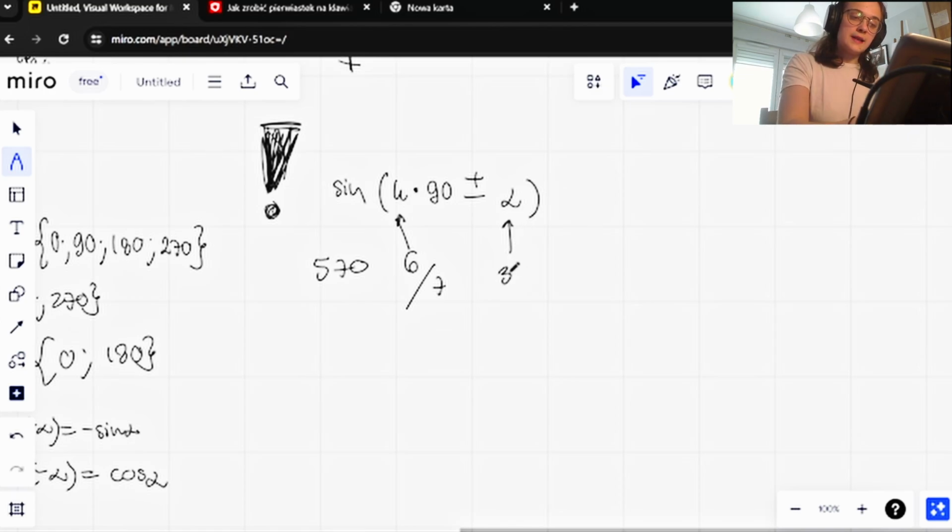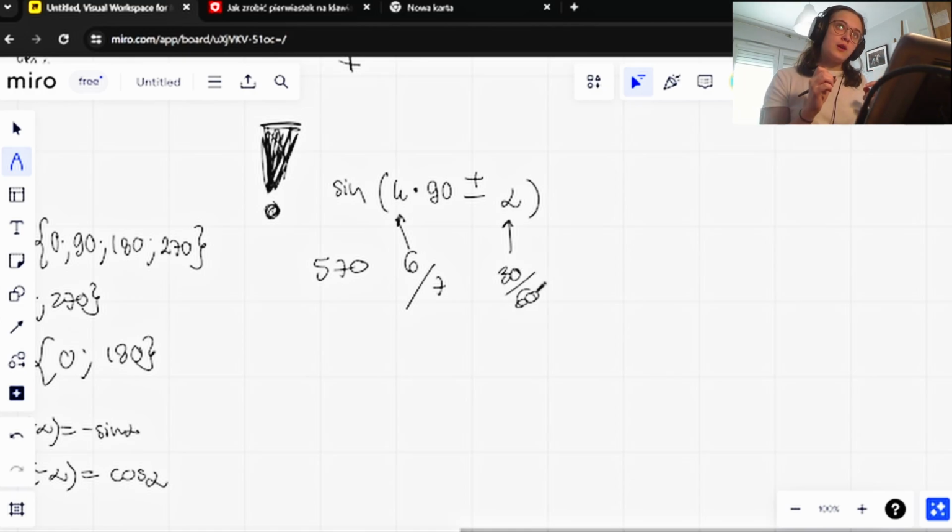So this is our alpha, and this is the angle in which we will be counting the function. If you subtract, it's just like you will have 1 more 90, so we have 60.